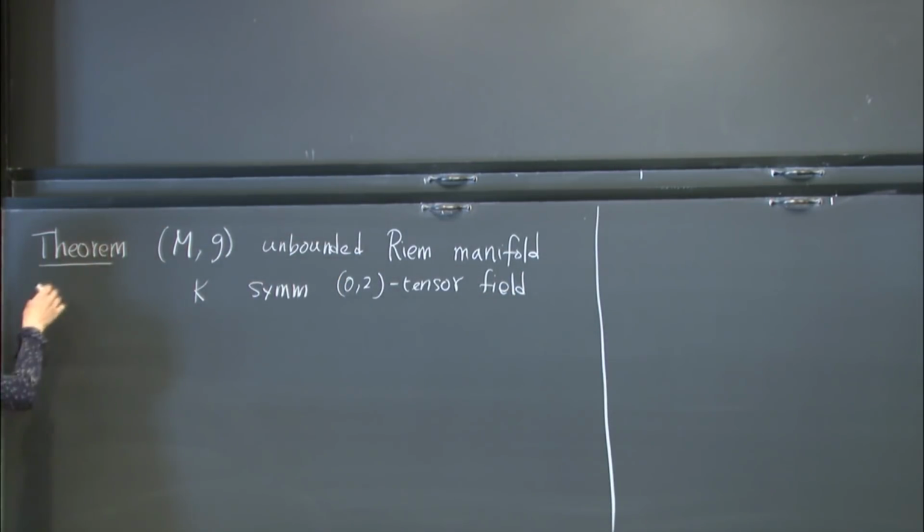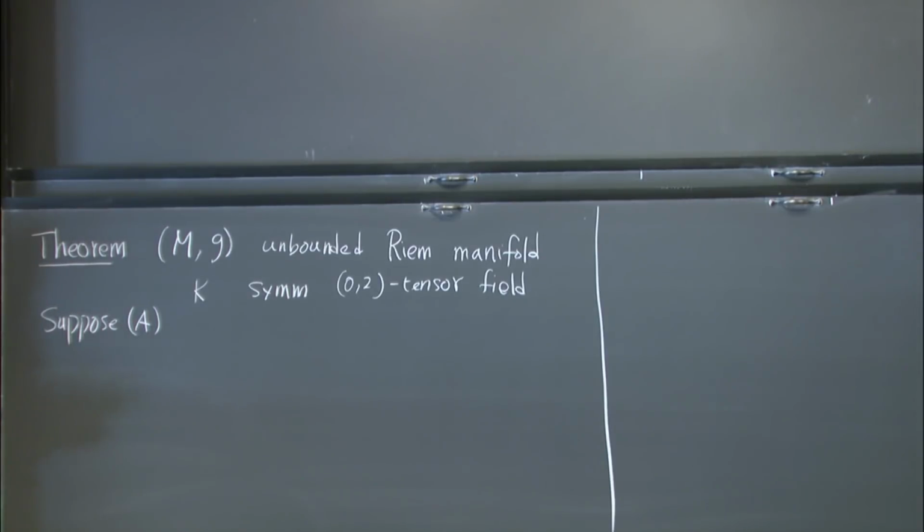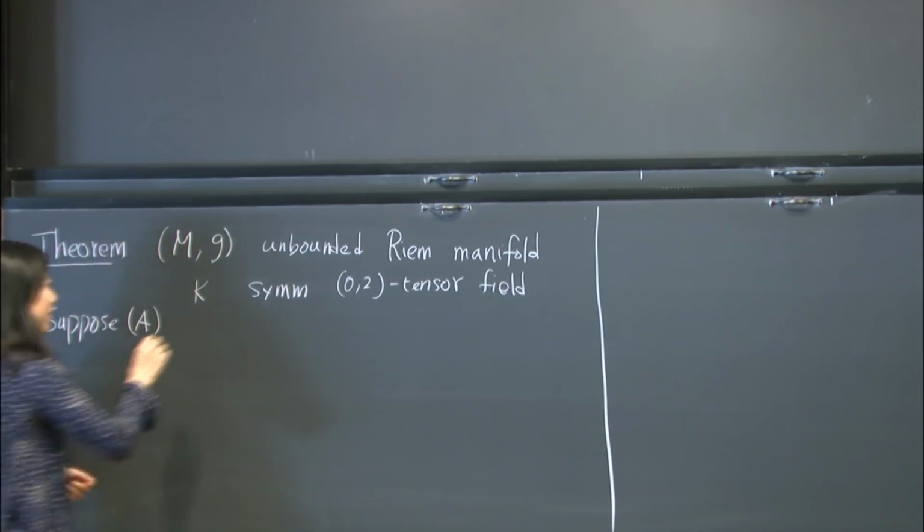And we'll assume the following four assumptions. The first one is the dimension of the Riemannian manifold is between 3 and 7.